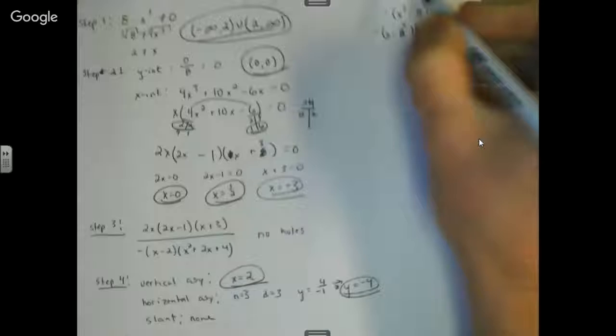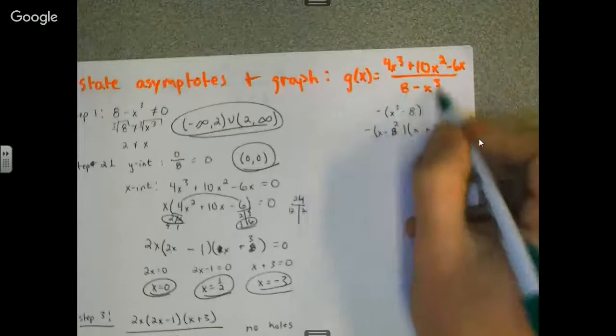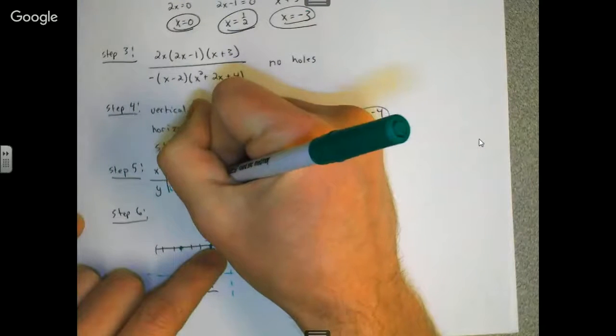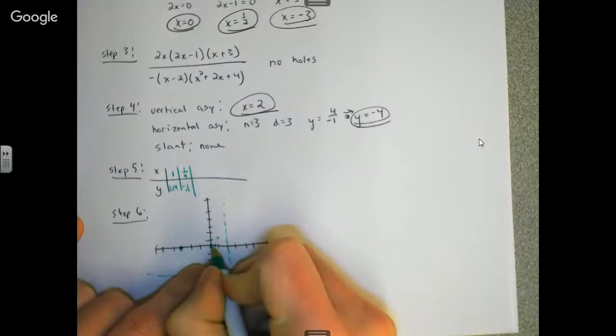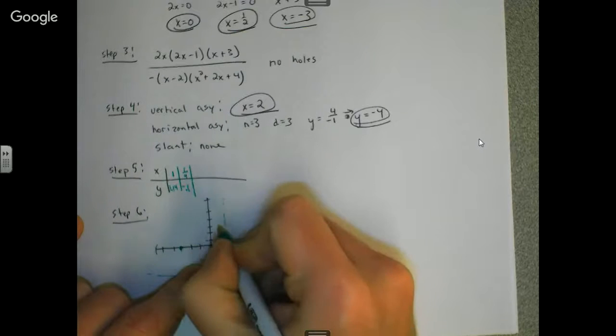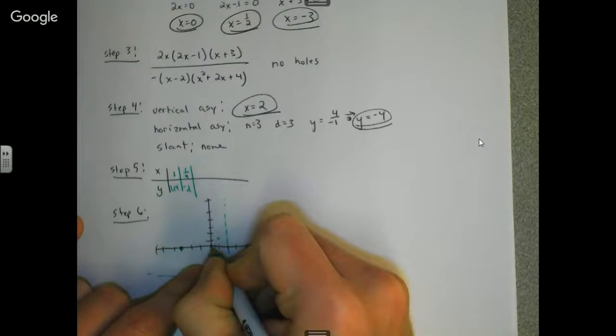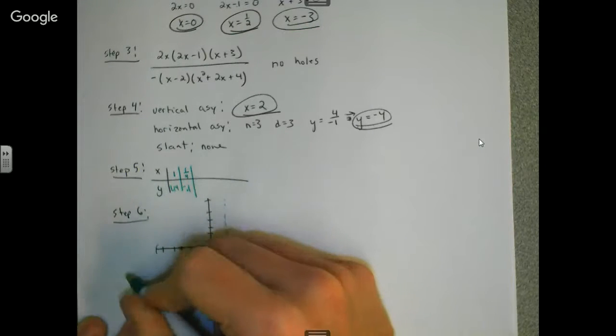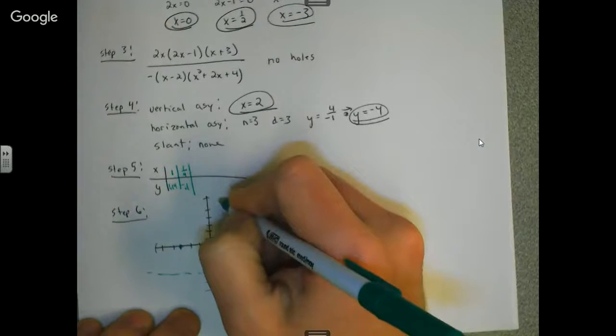If I put in 1/4 into this equation up here, you're just plugging it into the calculator, you get minus 0.1. So that means I'm below this. So I come here and I dip below and I'm coming back. Since I'm passing through, I'm going to have to pass through here and go this direction.